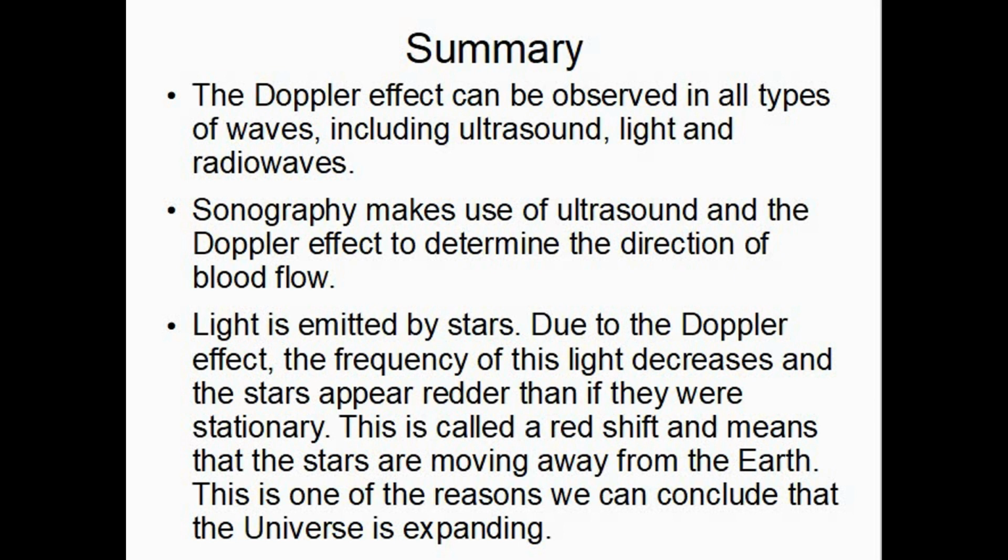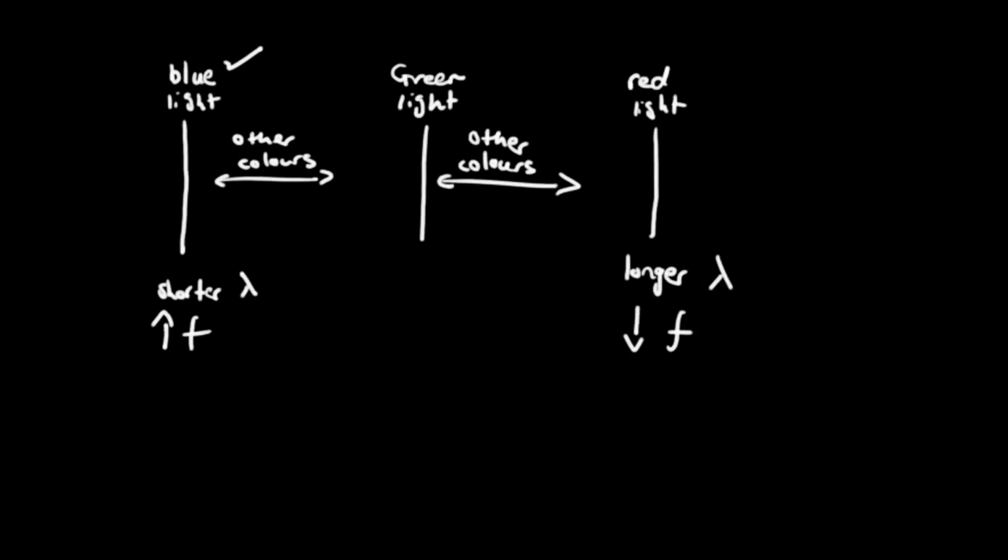Therefore lambda is a little bit longer and the frequency of the light would be lower, because the formula for light is c equals frequency times lambda.